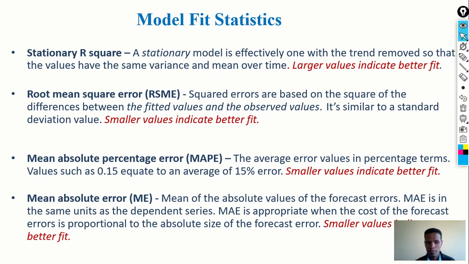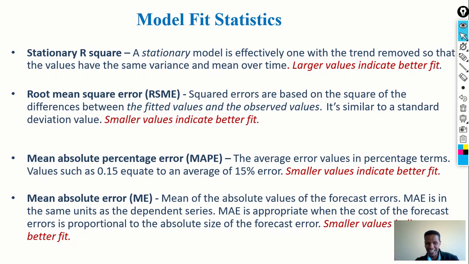And the second criterion is the root mean square error, abbreviated as RMSE. Squared errors are based on the square of the differences between the fitted value and the observed value. You are familiar with it actually from linear regression, the method of least squares.